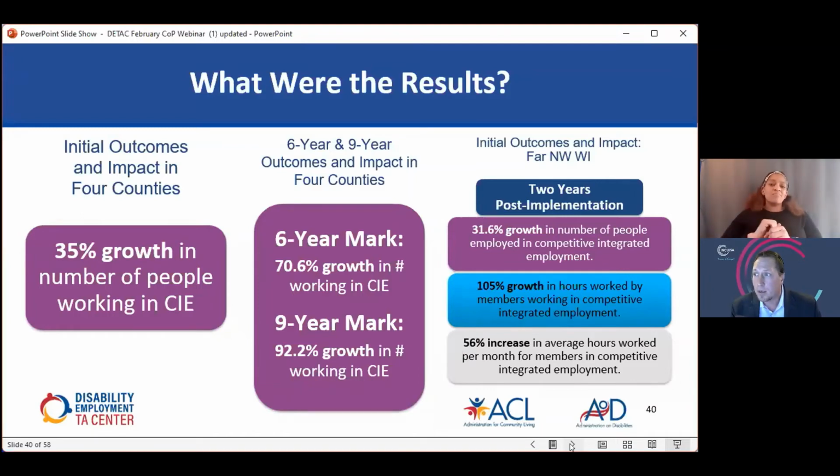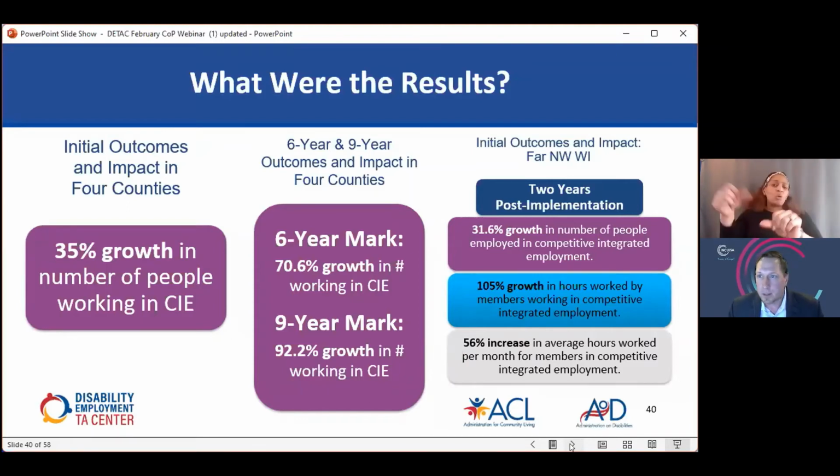We're currently at 20% in competitive integrated employment for that same group, adults with intellectual disabilities ages 18 to 64. And again, those are in the most extreme rural counties, not in the Madison-Milwaukee area. So we're really happy with that growth. We have a lot more way to go, but really happy with that.